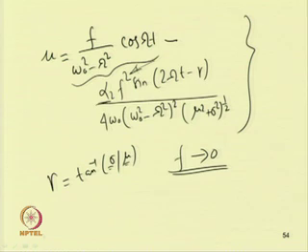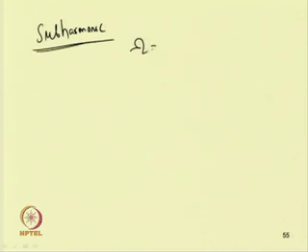Similarly, in case of subharmonic resonance, one can take omega equal to 2 omega 0 plus epsilon sigma, and one can obtain the roots of the characteristic equation, or roots of the response, in this way.